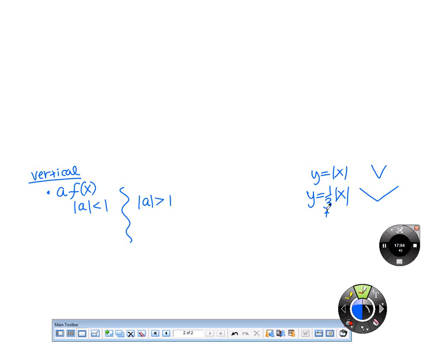So when this number out here is less than 1, that was a vertical change, and that vertical change was compressing it to make it stretch out to the left and the right instead. So when you know it's vertical and it's less than 1, this is going to be a vertical compression.